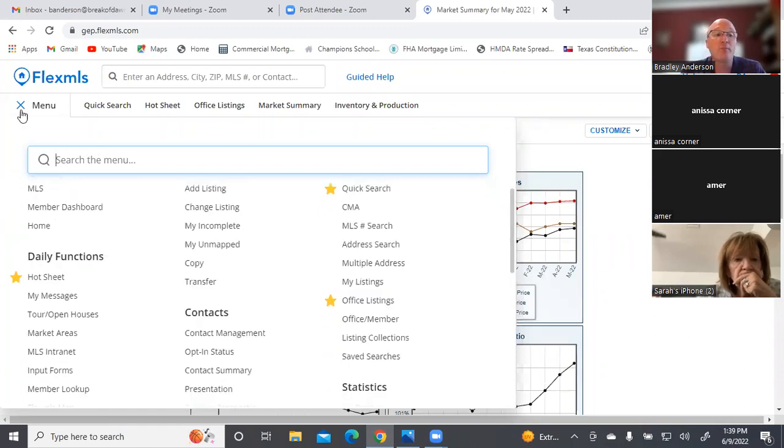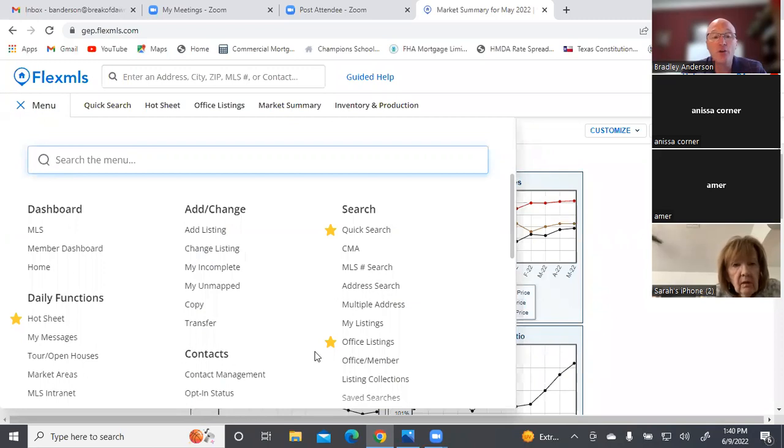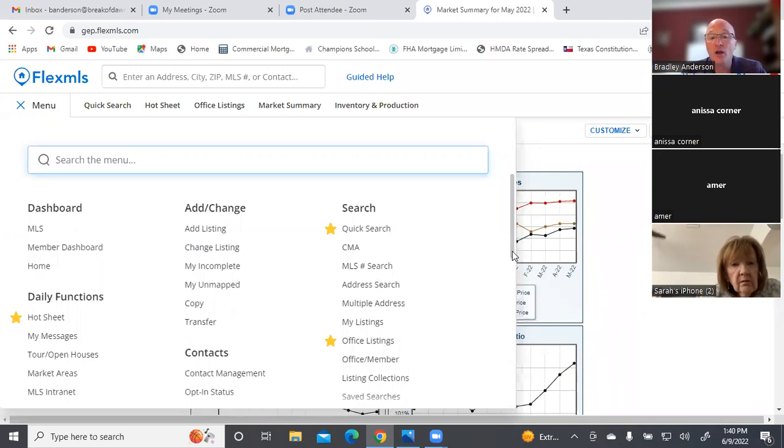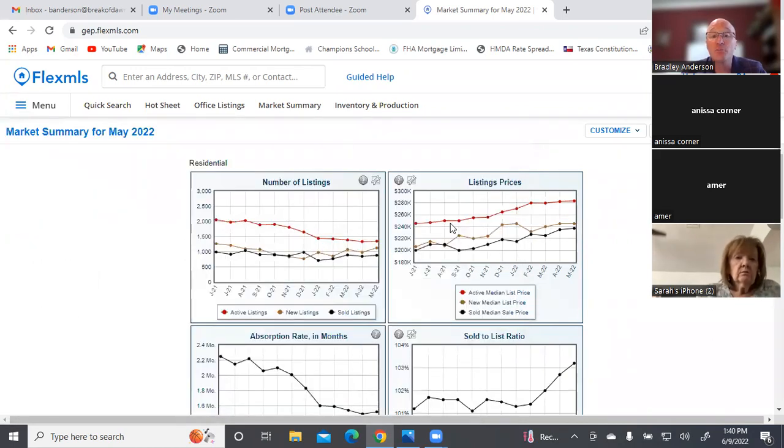Okay, so sorry. So you're in the MLS for El Paso. Go to this little 3 line here under menu. It's under statistics, market summary, my market, all that good stuff. And this is what comes up.